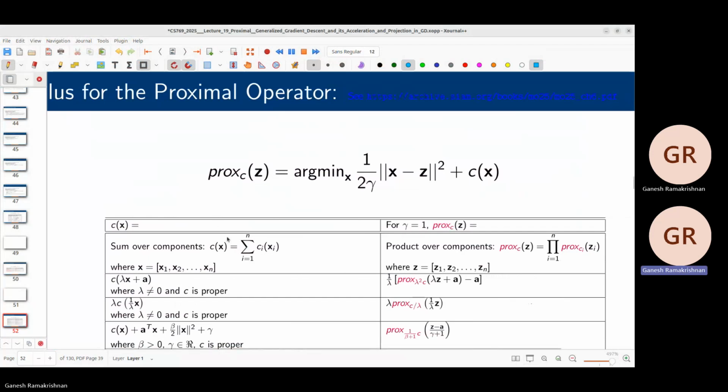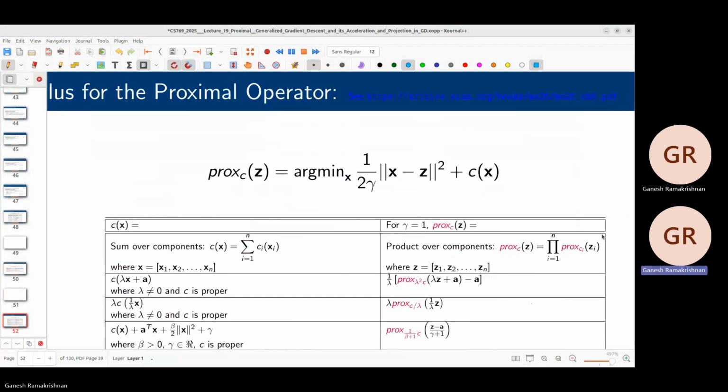The moment you have a sum over components, it becomes a product over the proximal operators. So prox of Cx, but now the summation of C's will give you a product of the prox. Again, what is the intuition? Prox can be, as I said, an indicator function.